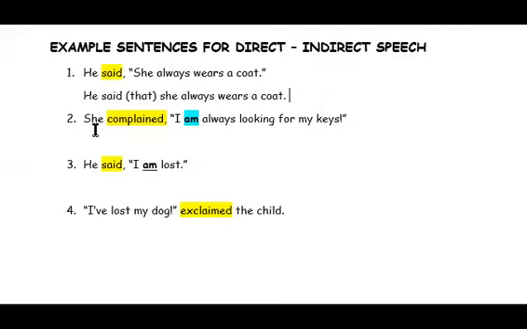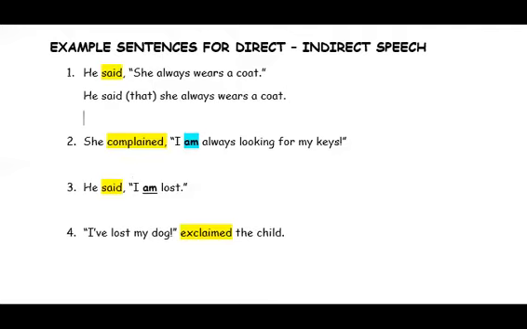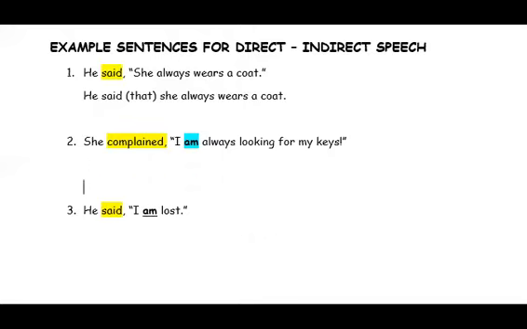The next sentence says, she complained, I am always looking for my keys. In this sentence, the same rule applies. We ask ourselves, what is the introductory verb? And we see that the introductory verb is complained, and complained is in the past tense. So when I'm changing it to indirect speech, everything needs to change to the past tense.